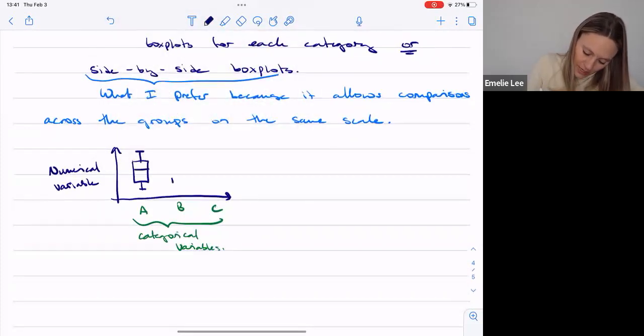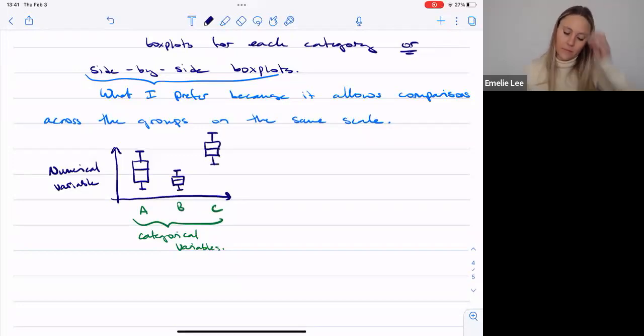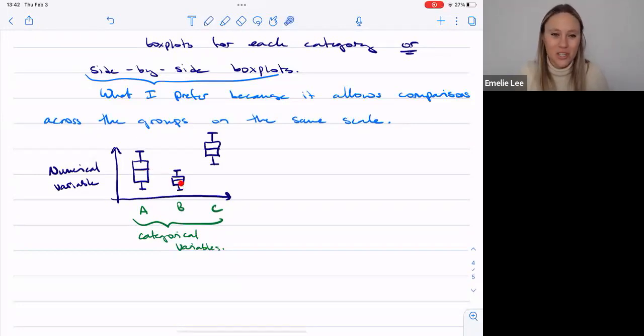And let's just say, if I draw these boxes quickly, and these are just hypothetical, but now it's easy for me to see, and I can compare things like the minimums, the maximums. I can talk about outliers. I can talk about how the medians compare to each other, right?